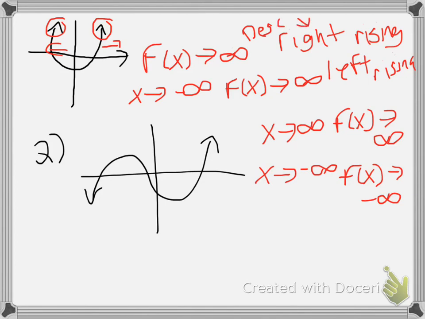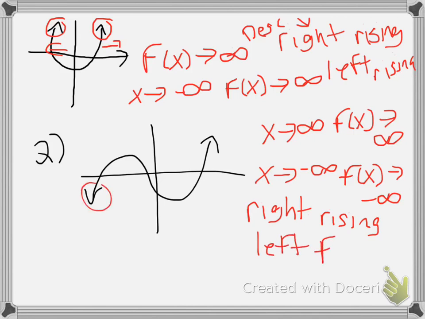All you got to do is tell me what's happening on the right and the left. What about on number 2? Well, the right was rising. What's happening on the left? It's going down, right? So that means it's falling. I'm hoping this is a lot of common sense for you guys. I'm going to leave numbers 3, 4, and 5 for you.